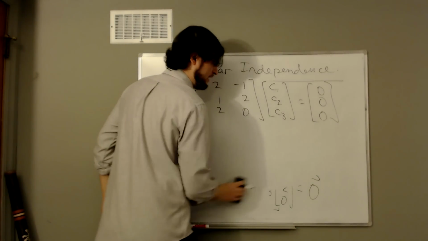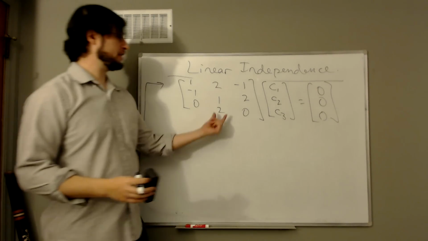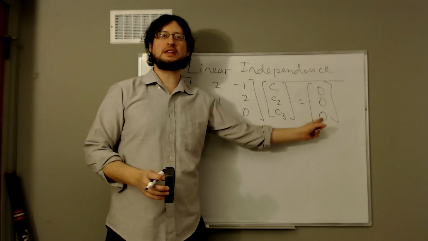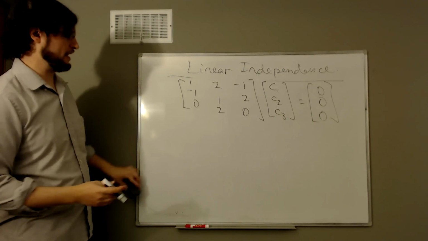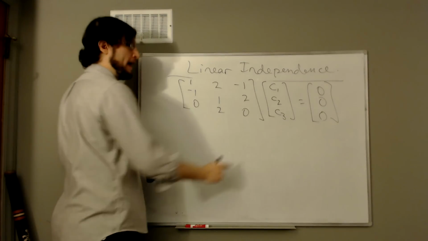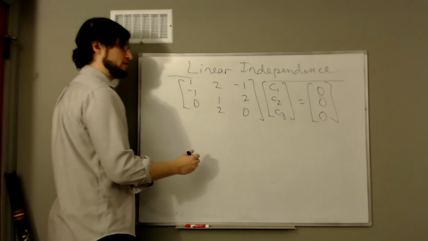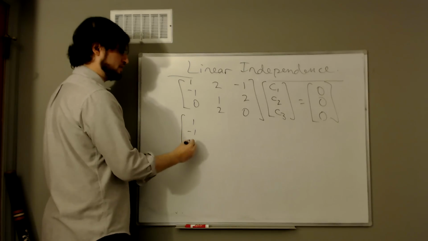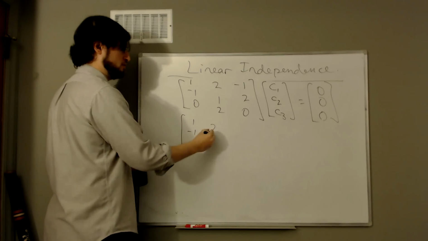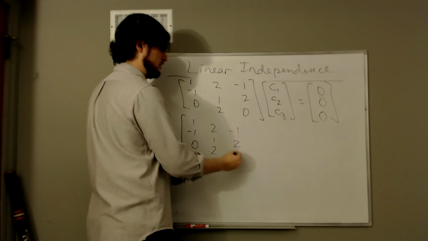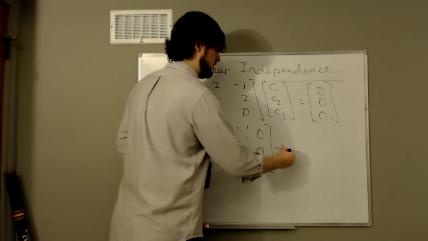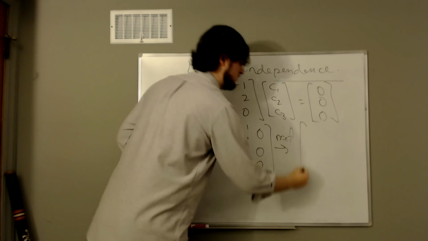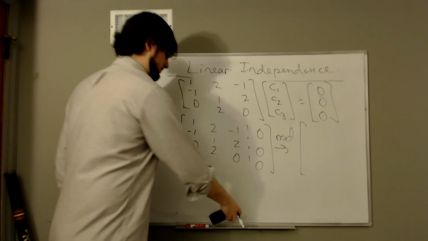But now we know how to answer this question. This is just like Ax equals b, which we just talked about a few minutes ago. So how do we get that and solve for x, or C1, C2, C3? Well, we make the matrix 1, -1, 0, 2, 1, 2, -1, 2, 0, 0, 0, 0, and we reduce it, and we see what we get.